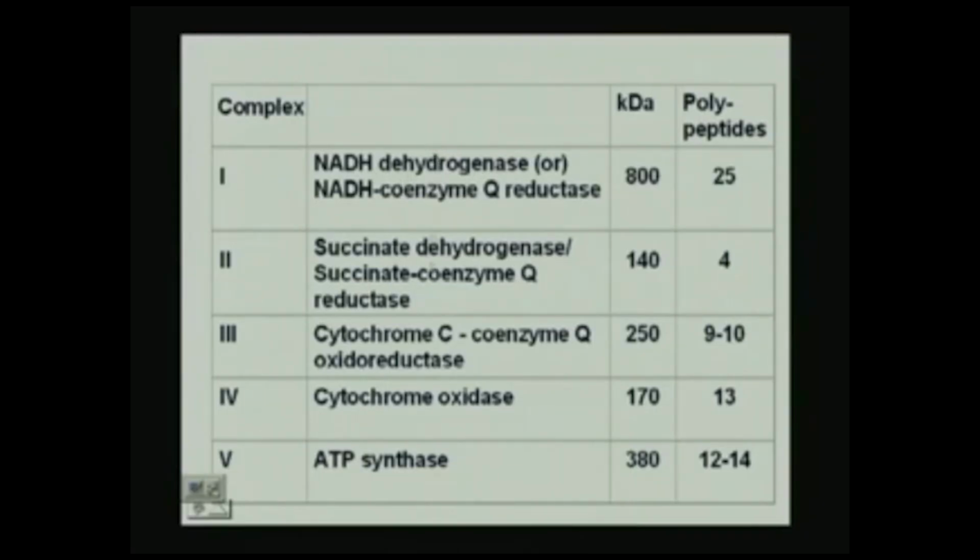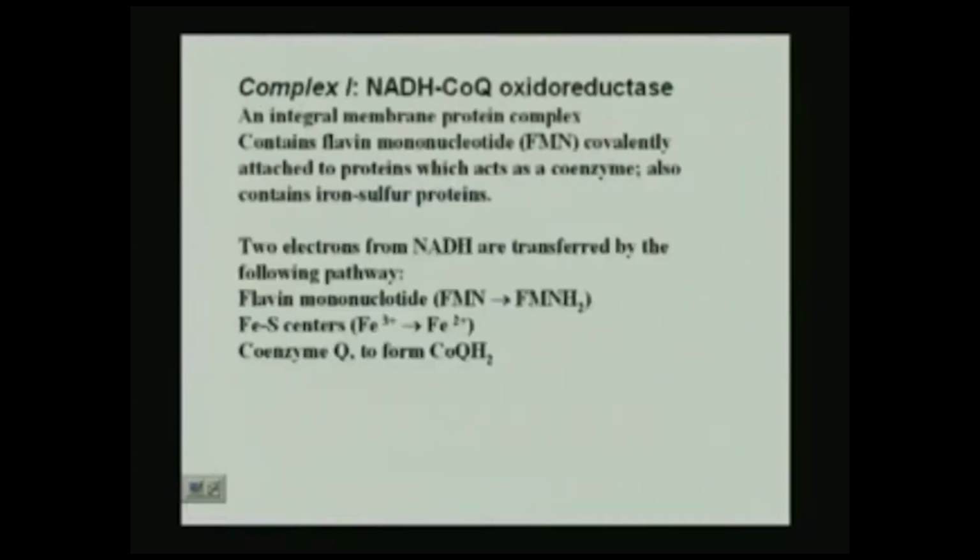But these are the 4 complexes that take part in the electron, or rather proton, transfer that results in oxidative phosphorylation, where finally oxygen is required, with the proton motive force, to give us ATP. Okay.